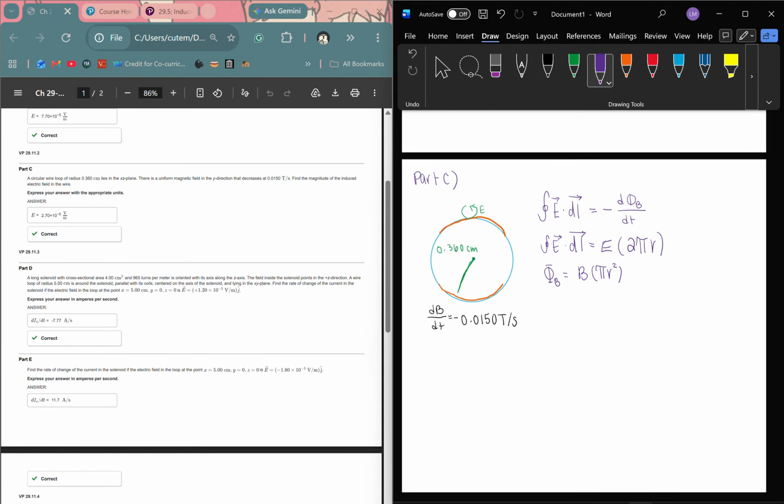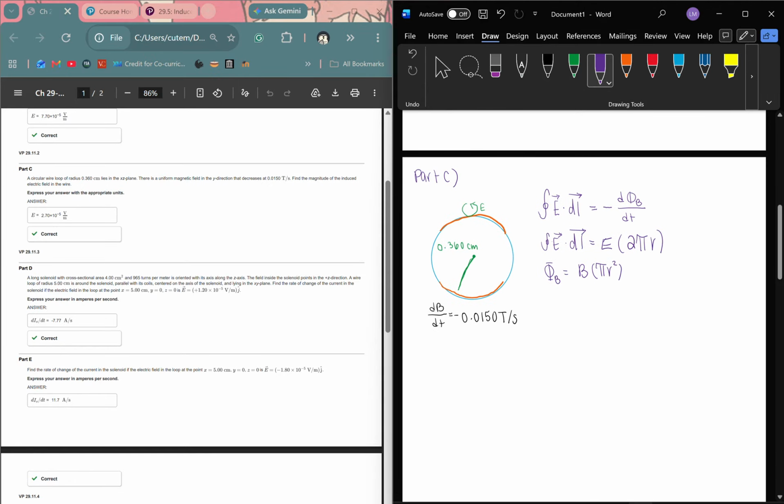Now we are going to differentiate with respect to time.